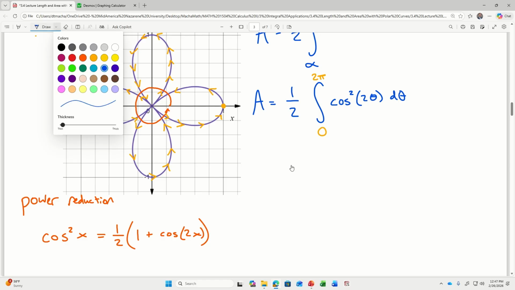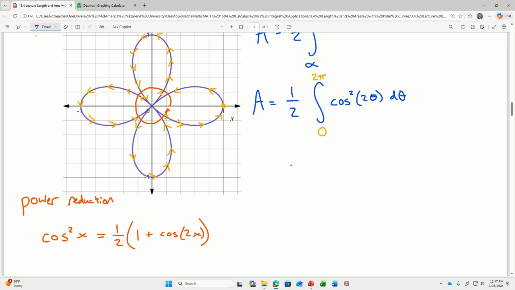And so that 2 theta is actually going to become a 4 theta when I apply that power reduction identity. So area is 1/2 integral from 0 to 2 pi of 1/2 (1 plus cosine 4 theta) d theta.